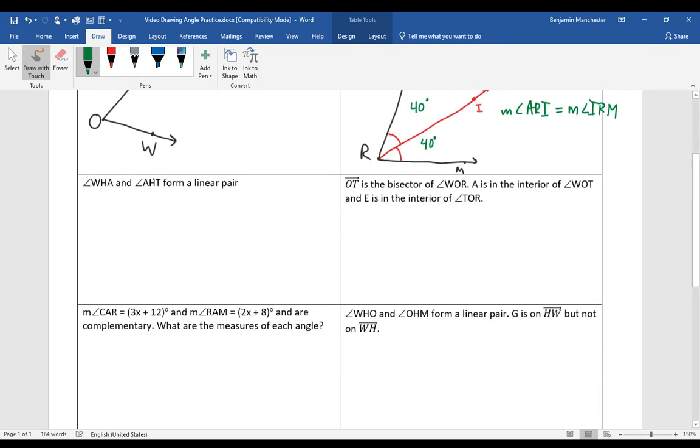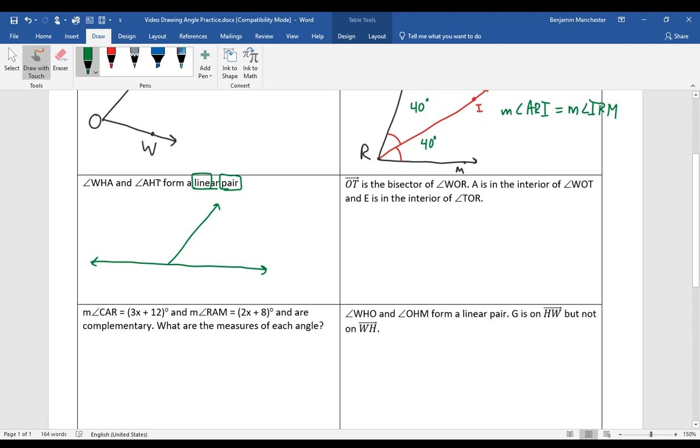WHA and AHT form a linear pair. Pair means two angles that form a line. So we start off by drawing ourselves a straight line, and off of that line, we draw another ray that makes two angles. There's one angle here that happens to look obtuse, and this one looks acute. I have no idea what they actually are.